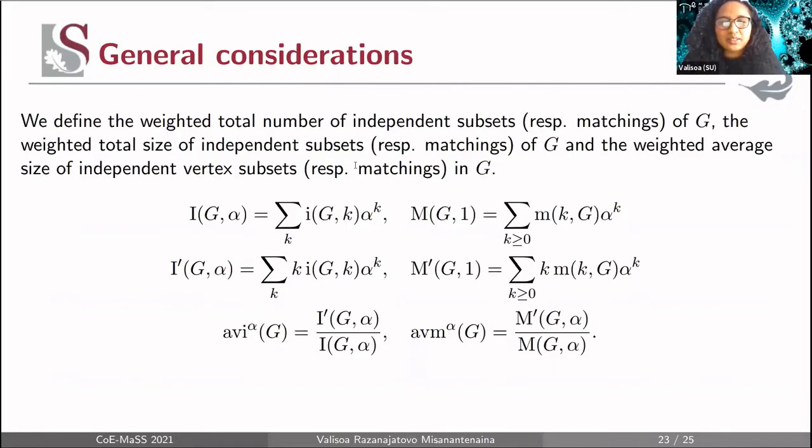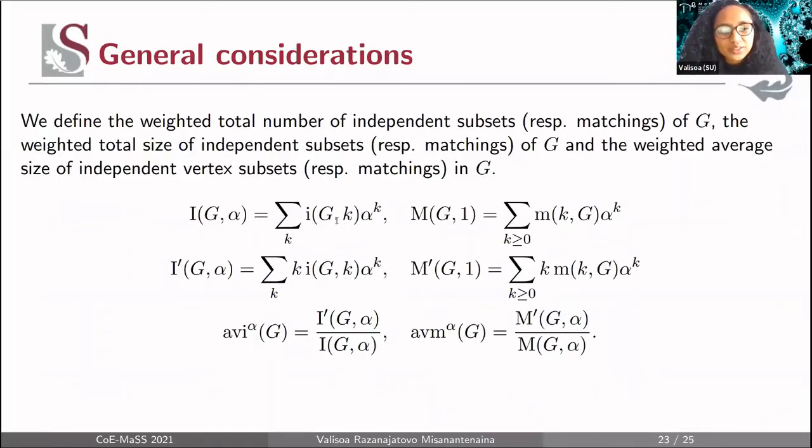So we have the weighted independent set sum, which is the sum over k of i_k(G) times alpha^k. The first derivative evaluated at alpha gives the sum of k times i_k(G) times alpha^k as well.